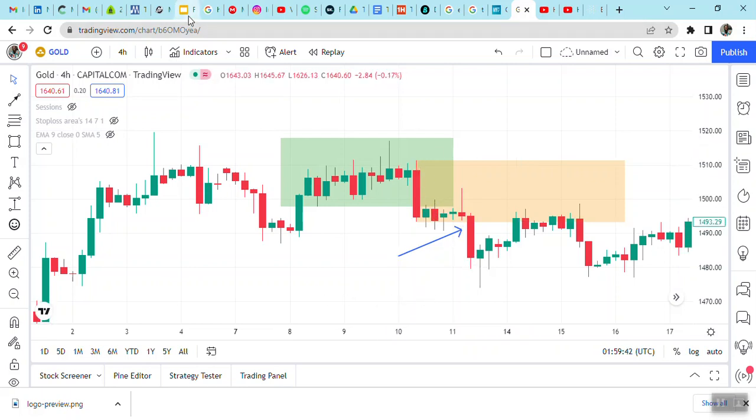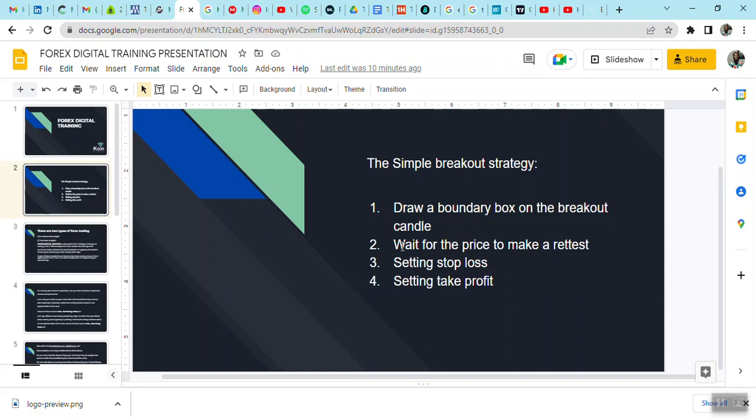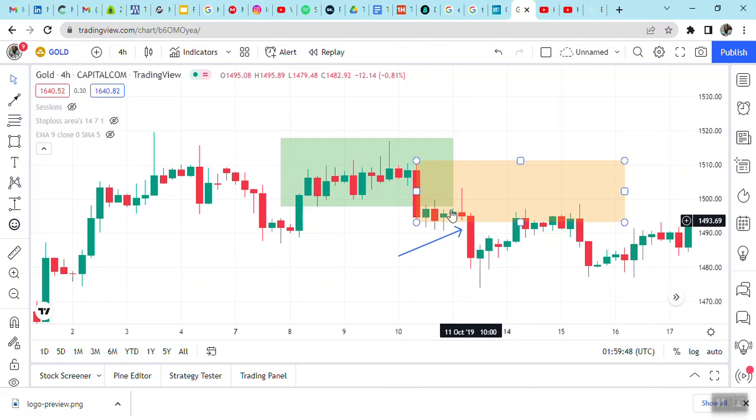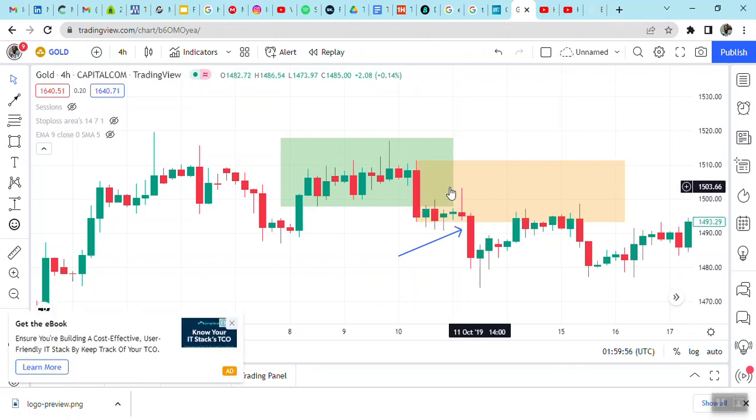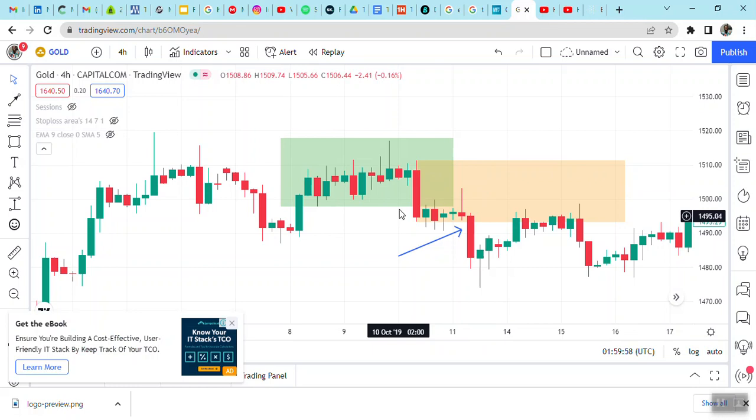So let's look at our rules again. The second rule says wait for the price to make a retest. Once it breaks out, you're not going to make any decision yet. Then you watch the price retest the zone within your breakout candle. This is the breakout candle. So it has made a retest.